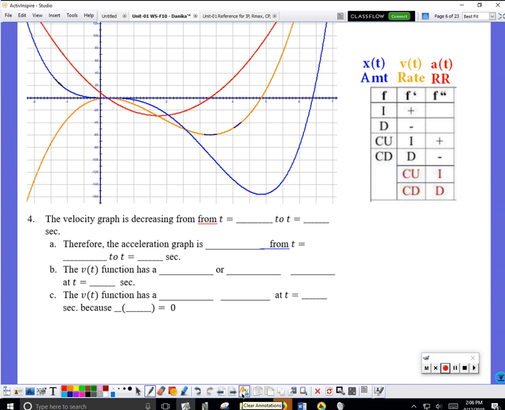Okay, lots of blanks. So you've got to see what connection the worksheet is trying to get you to make. It's obviously comparing velocity with acceleration. So it says the velocity graph is decreasing. Okay, I got it. Velocity was increasing to 0.3. So now the velocity is going to decrease from 0.3 to about here.